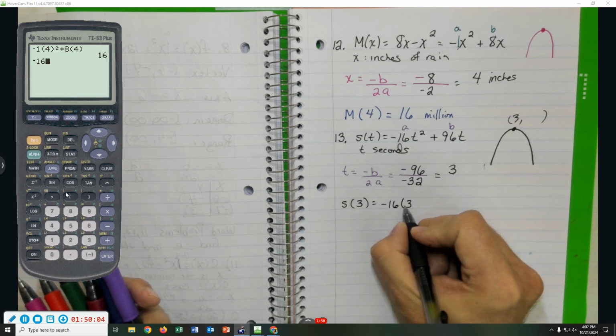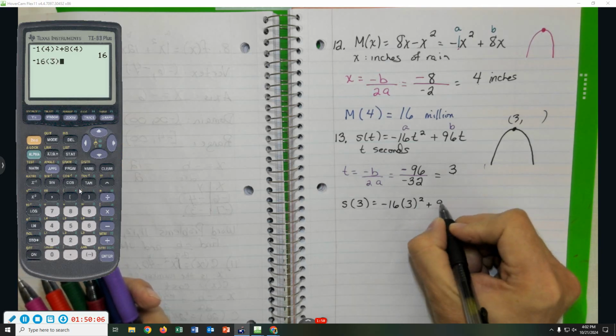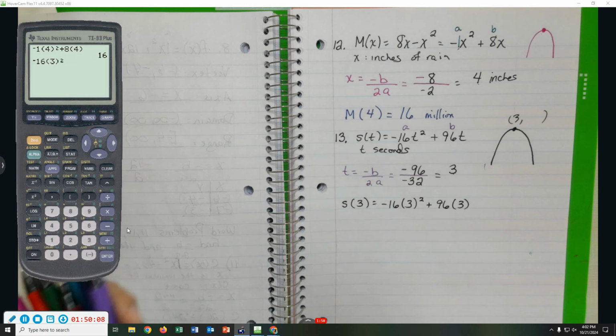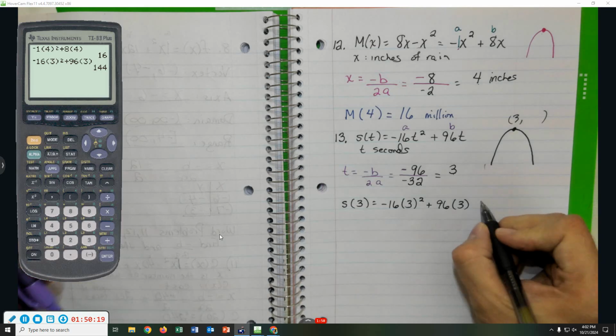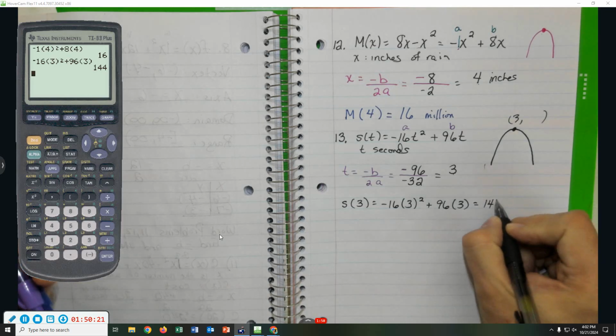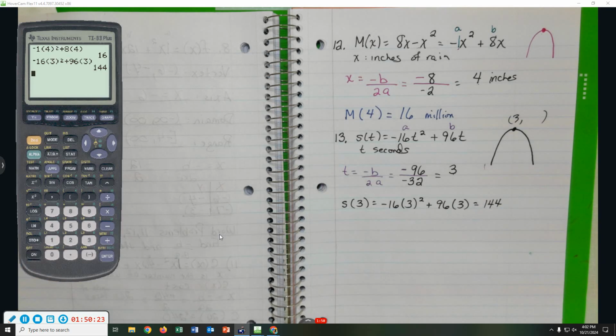Negative 16 times 3 squared plus 96 times 3. I think most people are probably using a calculator to get those. 144. Okay, that's a pretty good throw.